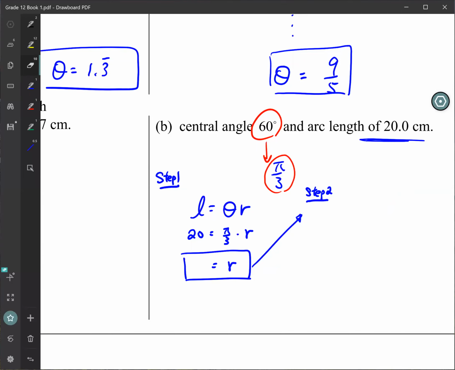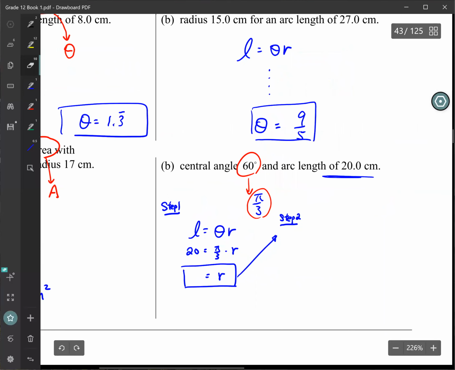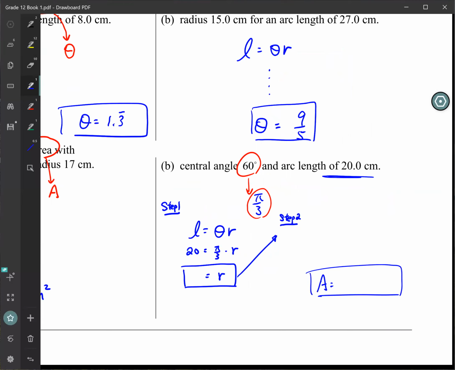Okay, so please raise your hand if you get the final answer for area. So there are 2 tricky parts here. First thing is you need 2 formulas. Second thing is the angle has to be in radian before you plug it in.